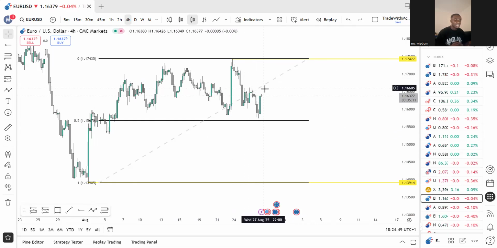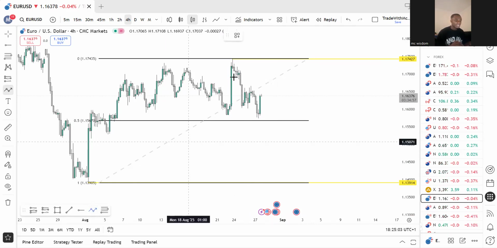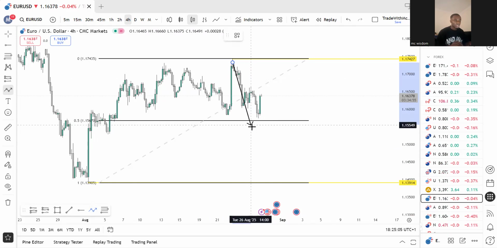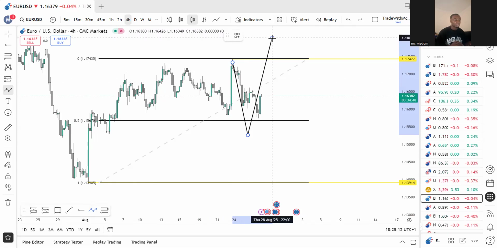But since it's actually still in the premium zone, it will surely sell. That is where you look for your setup if you are going to get a setup in your premium zone. Mind you, when you see your setup, you want to make sure that the trade does not cross this line before coming to your POI. If it crosses this line before coming to your POI, it will surely take out the POI.